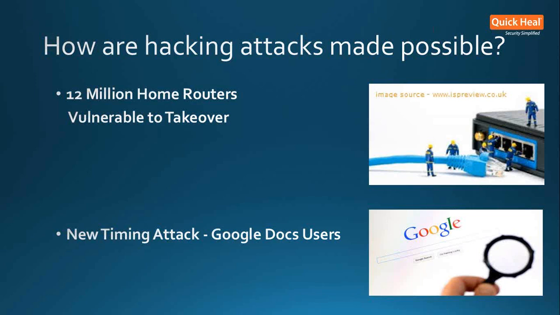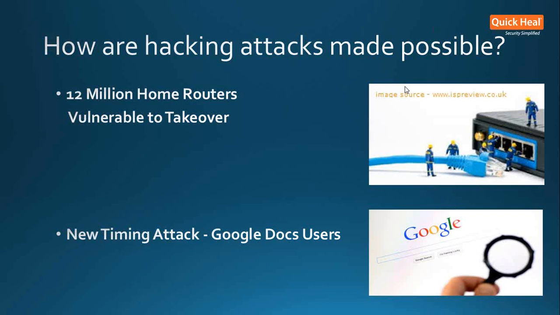12 million home routers were vulnerable to a takeover. There was an embedded web server called RomPager, where a simple attack could give the hacker a man-in-the-middle position on the traffic going to and from the home routers. This was done mostly on ISP-owned residential gateways, which were manufactured by D-Link, Huawei, TP-Link, ZTE, and several others which were exposed.